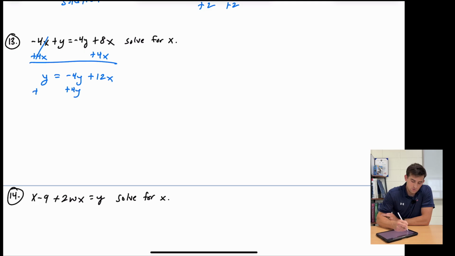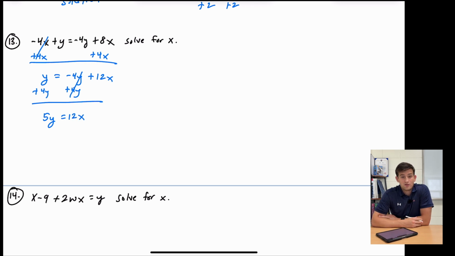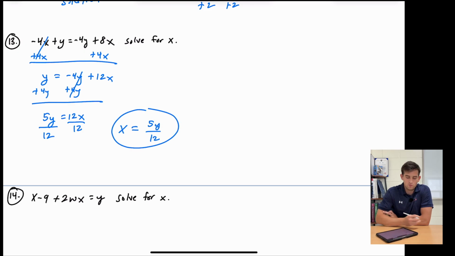Now let's move this 4y over here. So we get 5y is equal to 12x, and now we want to solve for x. So let's divide both sides by 12, and we're going to get x is equal to 5y over 12, or we could say 5/12 y, but either one of those would be good. We know it's solved for x because the final equation says x equals.